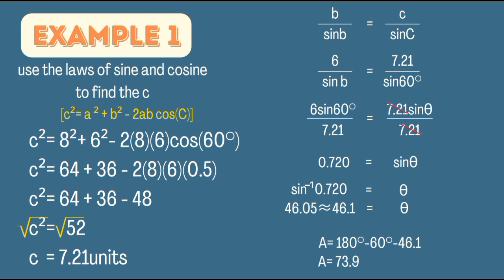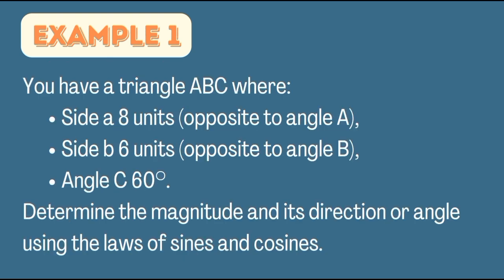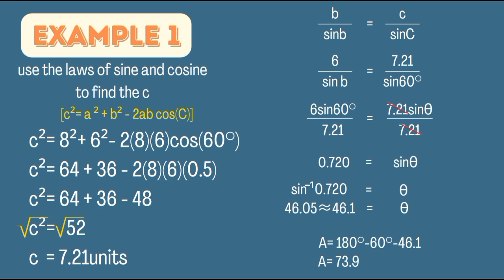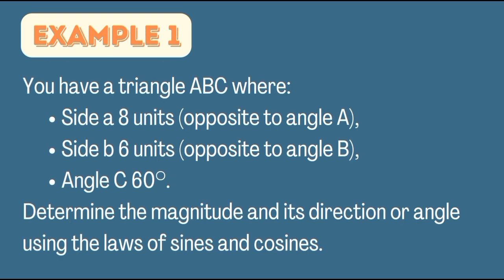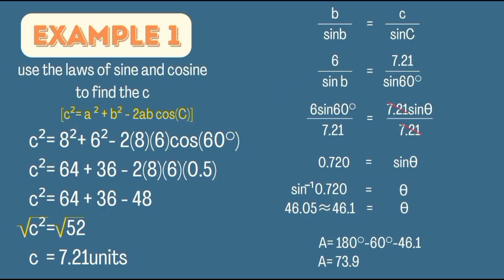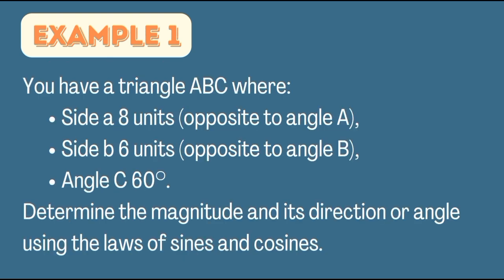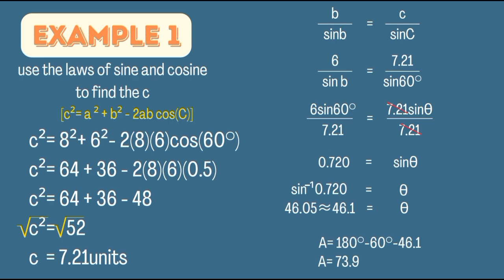So for the angle A, 180 degrees minus 60 degrees minus 46.1, we come up with the final angle of 73.9. So the final answer for the angle is 73.9 and the magnitude is 7.21 units.